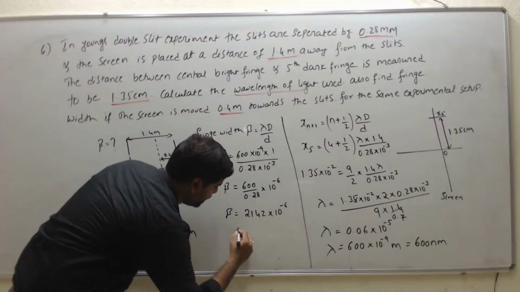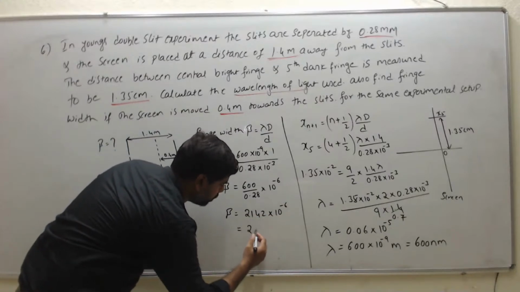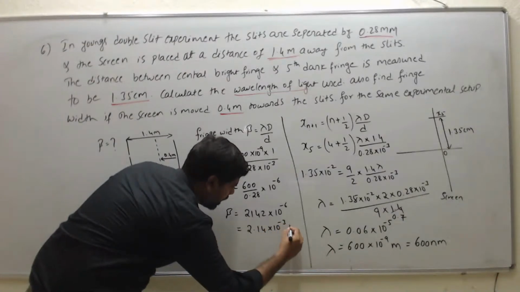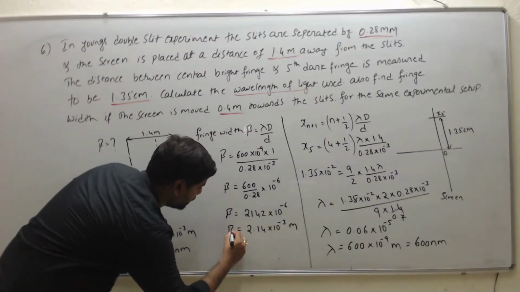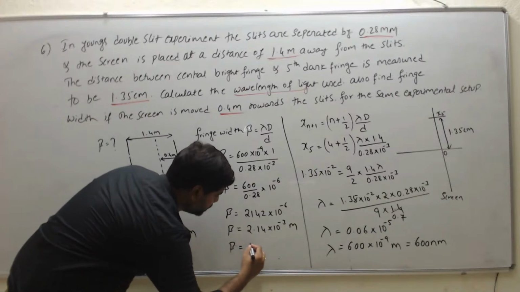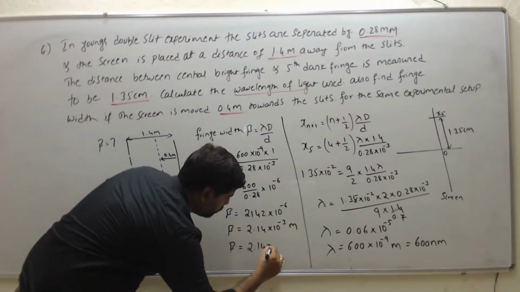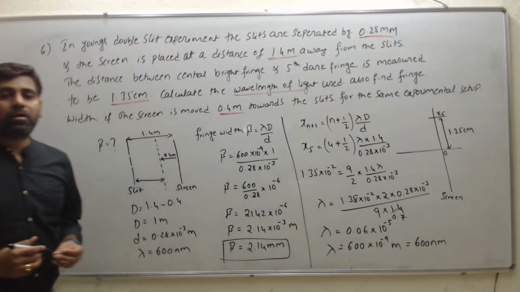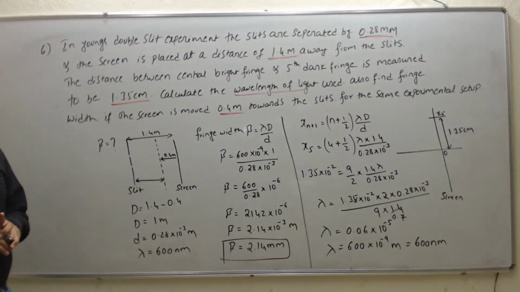So if we shift 3 digits, that is divided by 1000, we get 2.14 into 10 to the power of minus 3 meter. That is, the fringe width is 2.14 millimeter. So this one is the final answer, right?